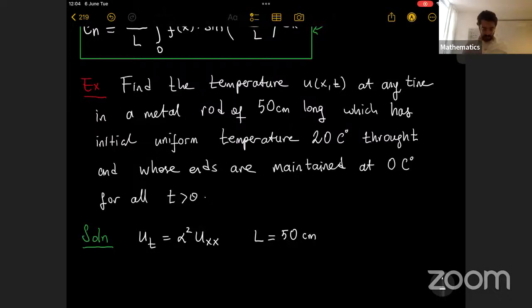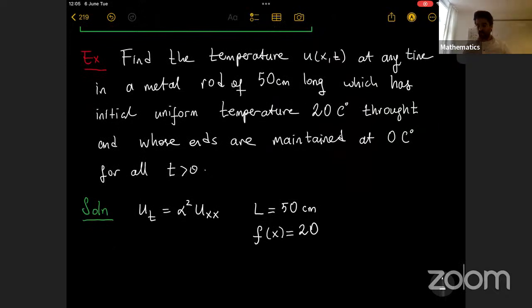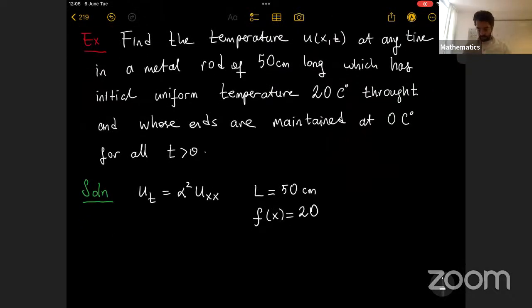And it says the initial temperature is 20°C, which is independent of x. So that means basically f(x) is always 20. It's a constant function. And the initial boundary values are here.